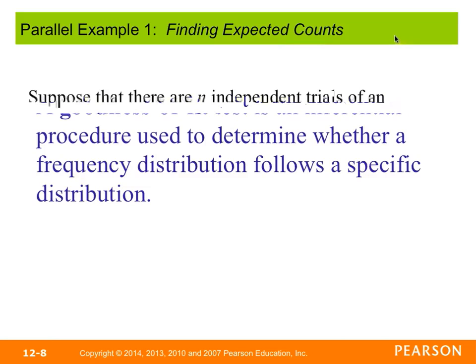So we're going to work with this example throughout this whole first section. So I'm going to read through this and then we're going to find some expected counts. A sociologist wishes to determine whether the distribution for the number of years caregiving grandparents are responsible for their grandchildren is any different today than it was in the year 2000.